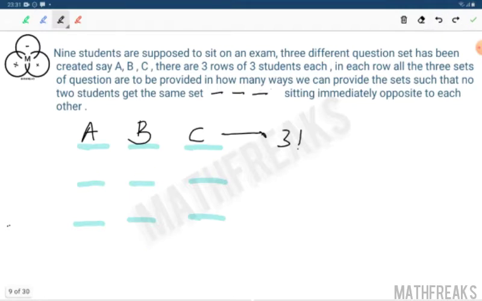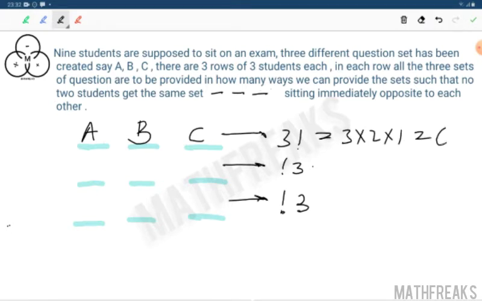This ABC can be deranged in subfactorial of 3 ways. So we will get particular arrangements which again can be deranged in subfactorial of 3 ways. Which will give us the total number of required possible seating arrangements in the examination. 3 factorial is 3 into 2 into 1 equals 6.